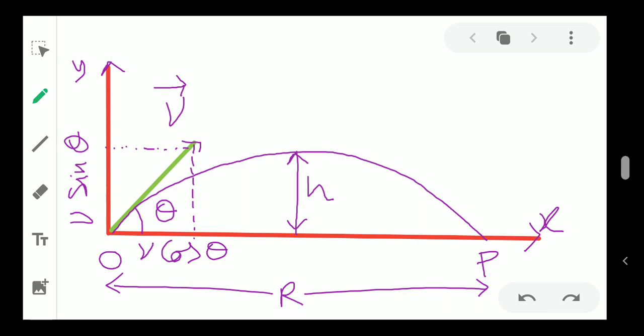One is v cos theta, which makes the missile move along the horizontal x-axis, and another is the vertical component, v sin theta, which is responsible for the motion along the y component. So from two dimensions we are reducing the problem into two one-dimensional problems. One by one we will solve them.